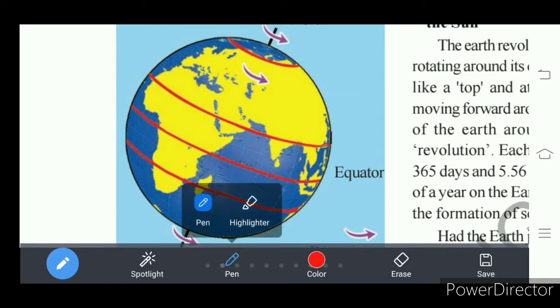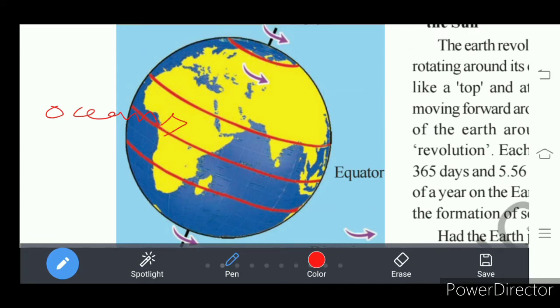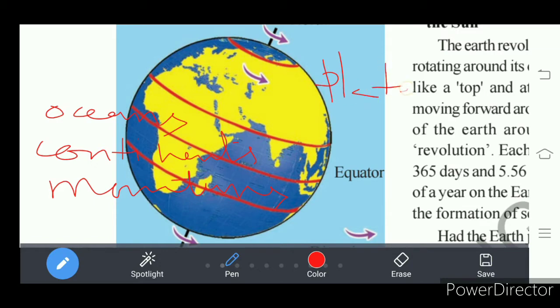We know that oceans are there, then continents are there, then mountains are there, plateaus are there, plains are there.